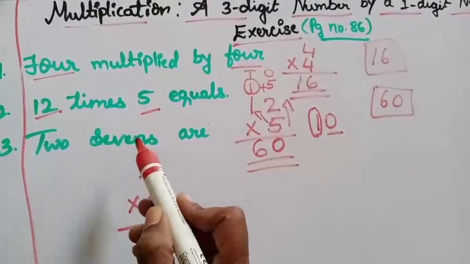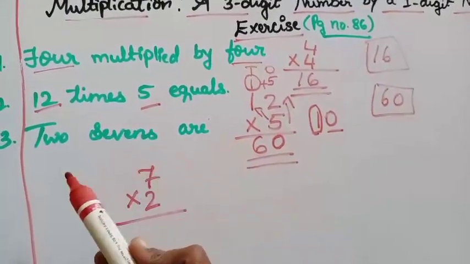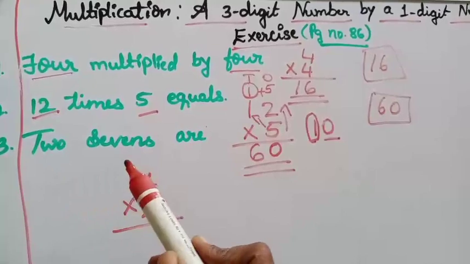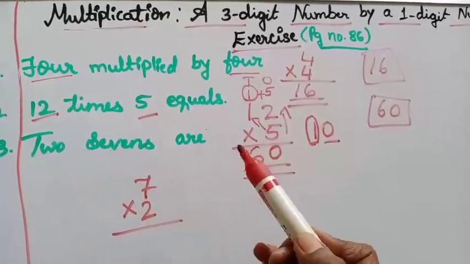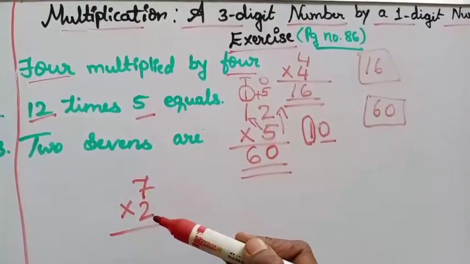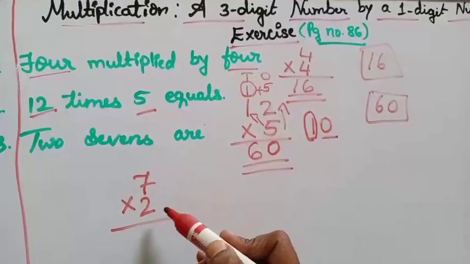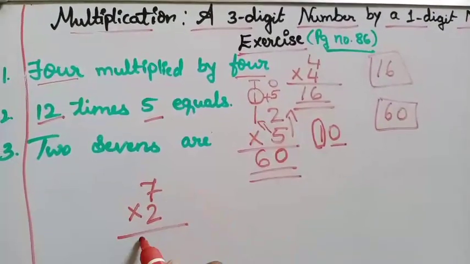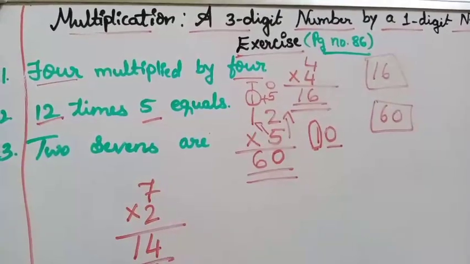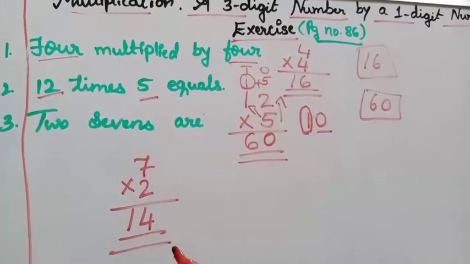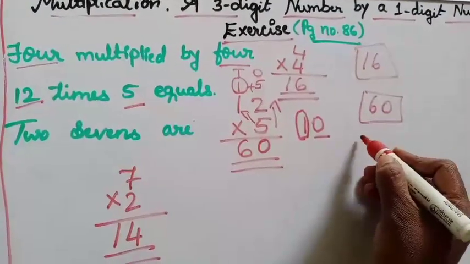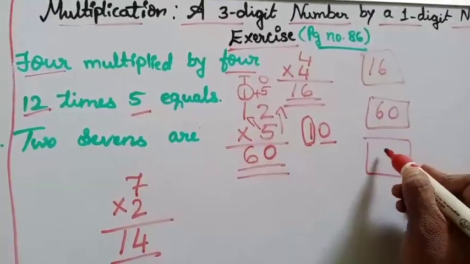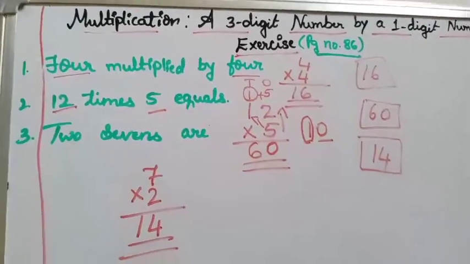Okay. 2 7's are, like in tables. 1 7's are, 2 7's are. We have to write like this. Then after, 2 7's are how much, children? 2 7's are 14. So what is the answer now? 14. That we have to write in the box.